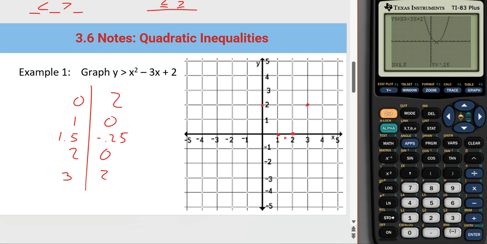Because this is a y greater than, I am going to connect these with a dashed line. And then I have to decide, since it's an inequality, where do I shade? y is greater than this quadratic. I've graphed that quadratic, so greater than is going to be above my dashed line.